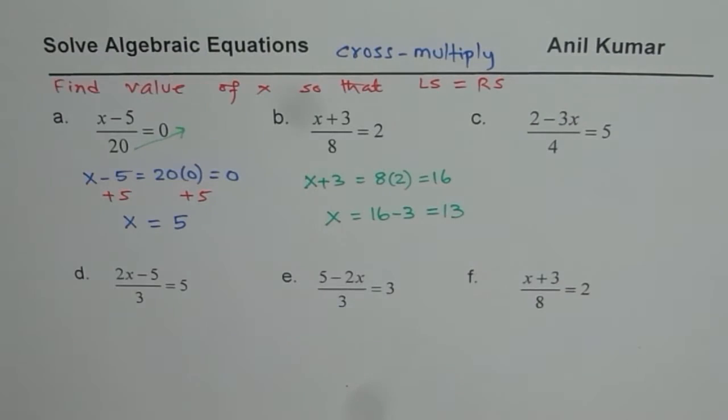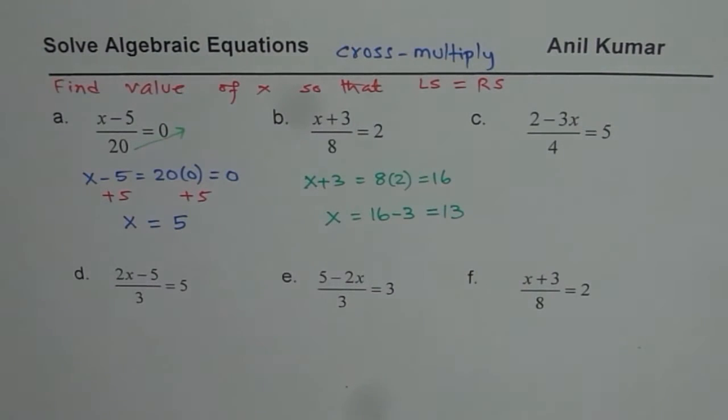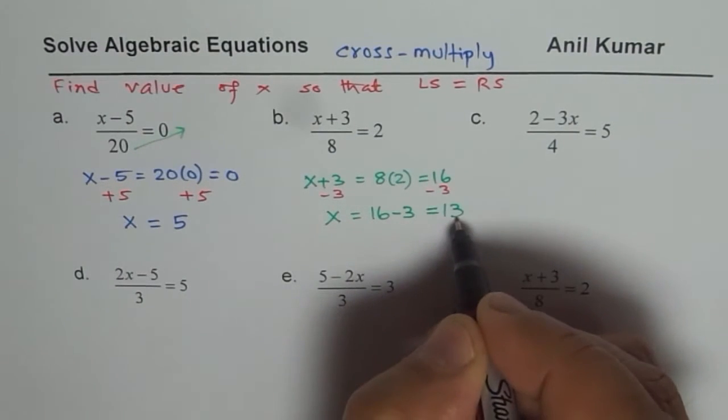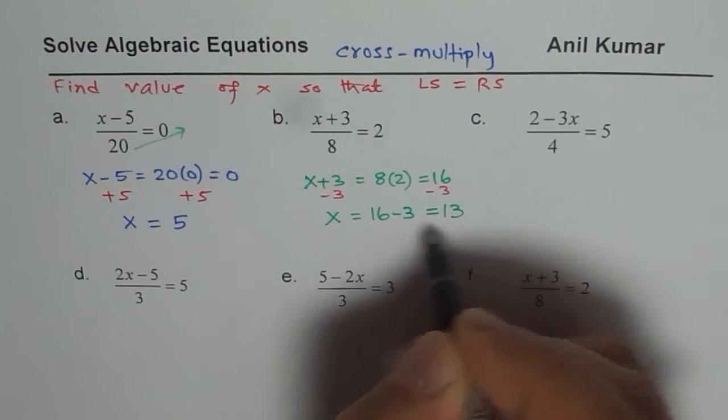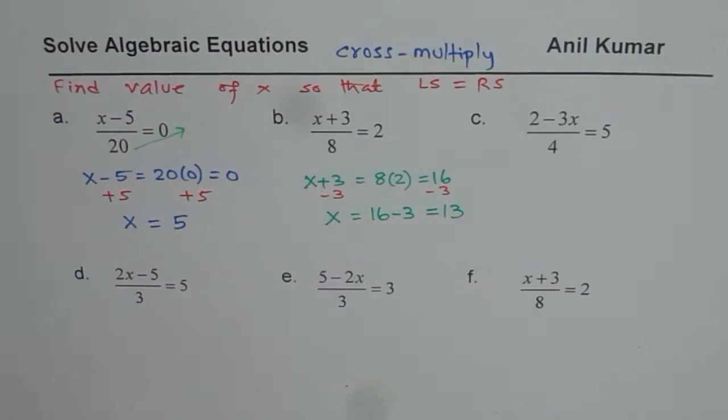So we get our answer, right? That is how you can get your answer in 3 steps. That is also the result when you take away minus 3 from both sides. So minus 3 will give you 13 on the right side and only x on the left side. So that is the way.